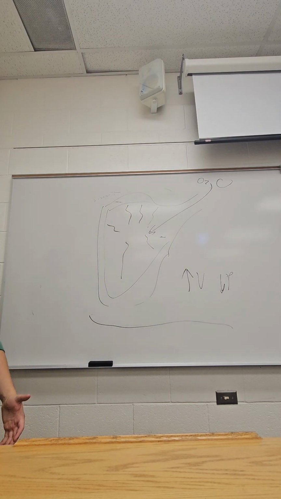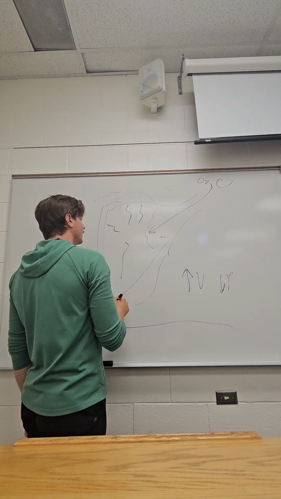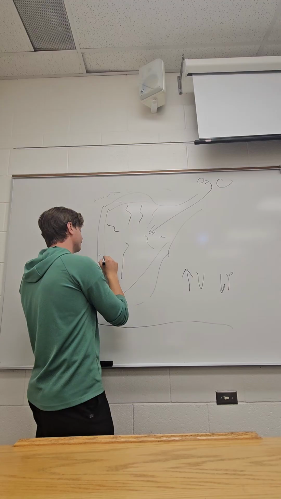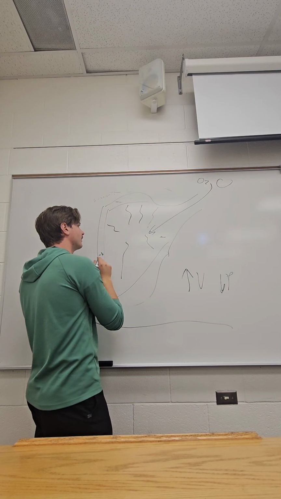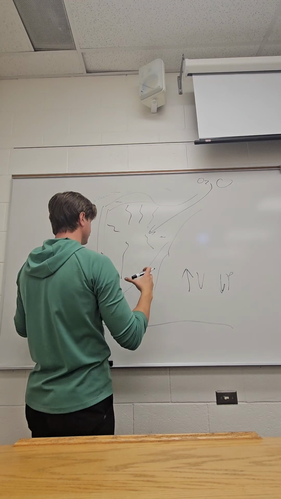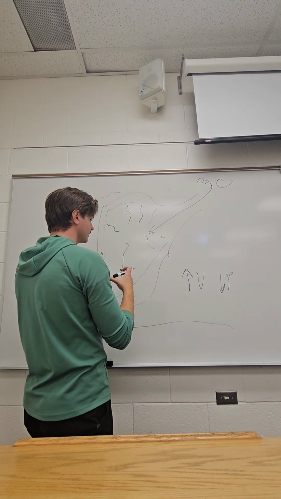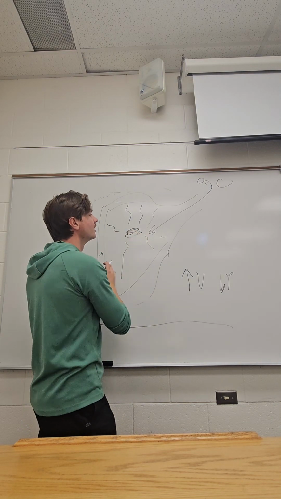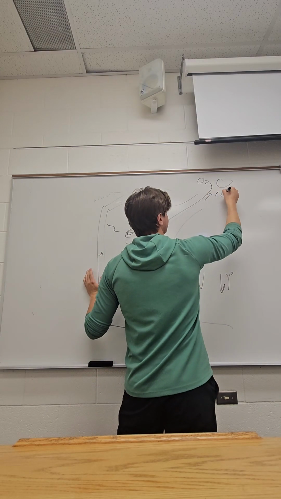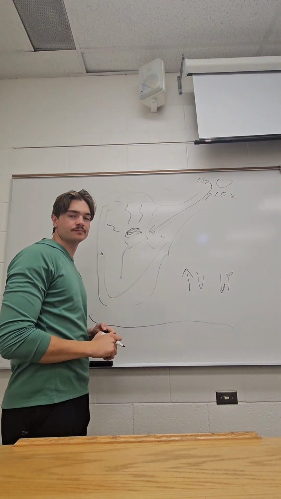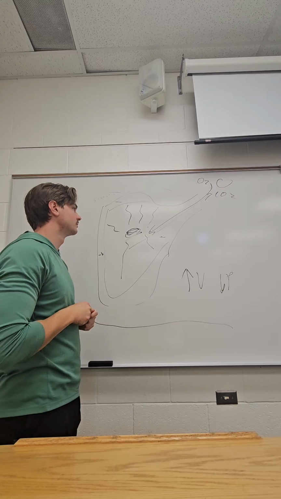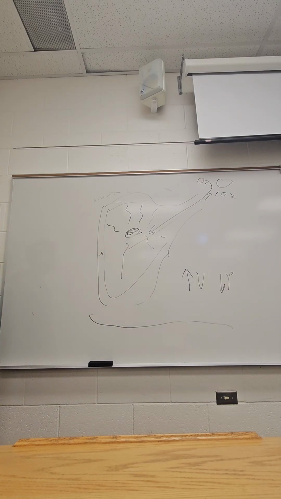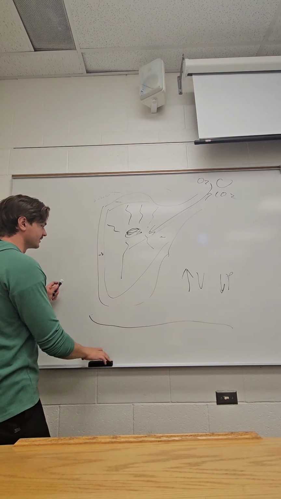And then we exhale, and basically what that does is this pressure, it's like -8, will then cause the lung to collapse, but not entirely because of the pressure in here. And then we'll expel our CO2. So that's more or less how we inspire and exhale.